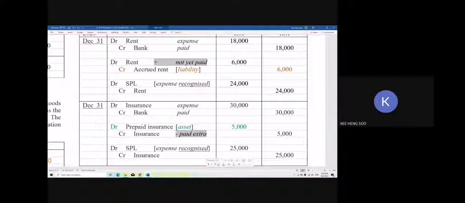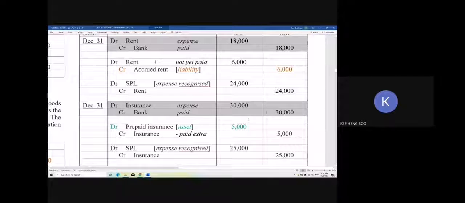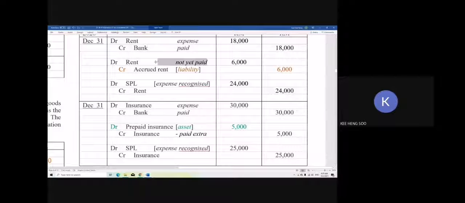I repeat, this is true: the actual payment of the rent is 18,000, the actual payment of insurance is 30,000. This is called true, T-R-U-E, in auditing, true and fair. Remember that? At the end of the year, the accrual concept tells you that any amount not paid, you add; any amount paid extra, you minus. That is called year-end adjustment.